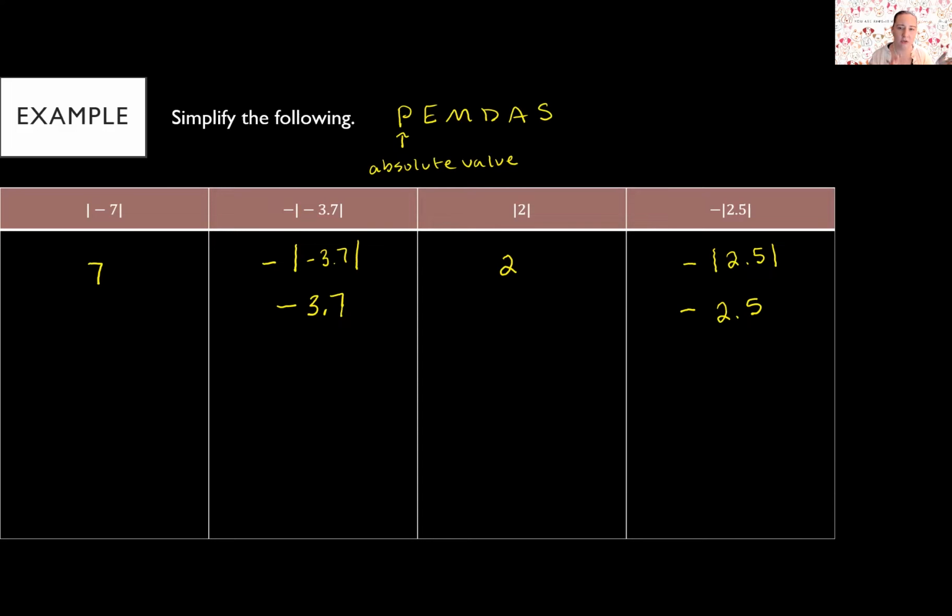The 2 where we didn't have a negative in front of the absolute value symbols was positive. The 2 with the negative in front of the absolute value gave us negative results, because that negative stays there after we did the absolute value.